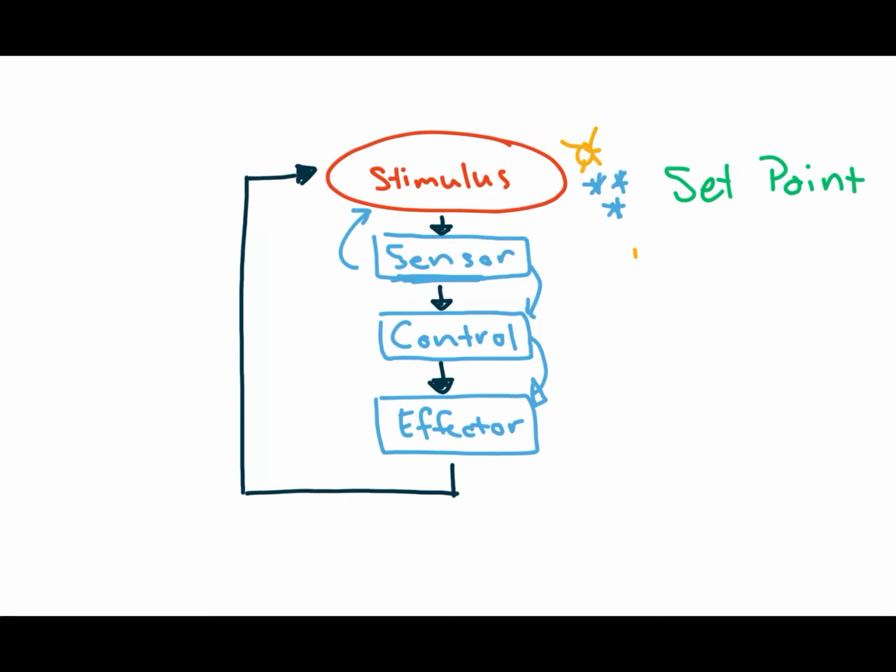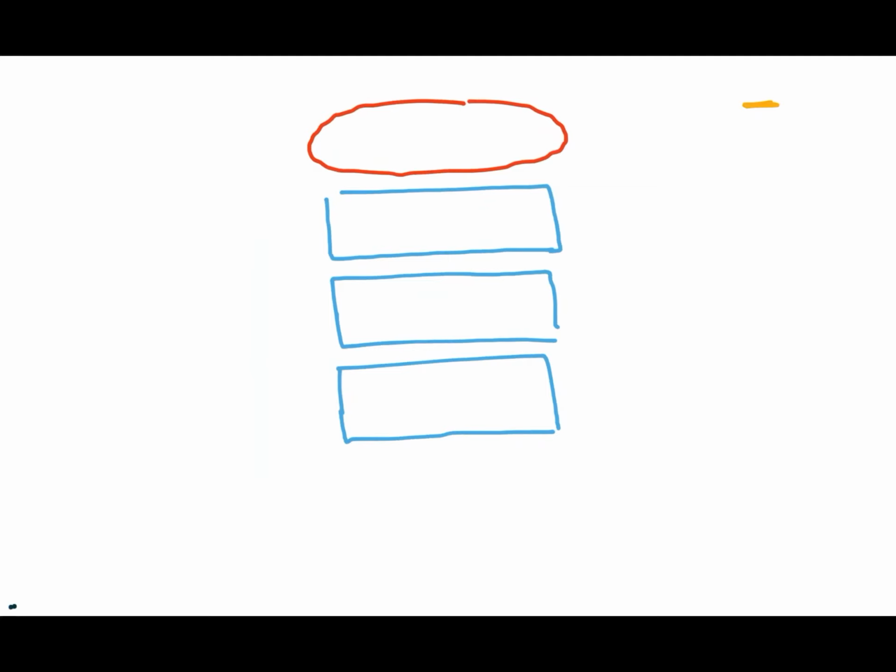So let's look at a negative feedback loop. Say your body temperature likes to stay around 97.95 to 99.5 degrees Fahrenheit. But in this case, let's say your body temperature rises and you become too hot and your body begins to sweat.